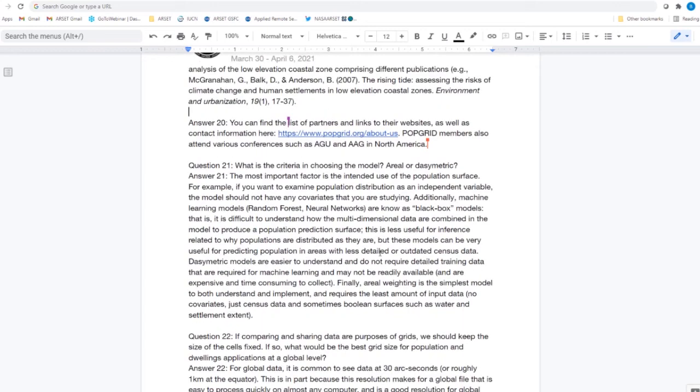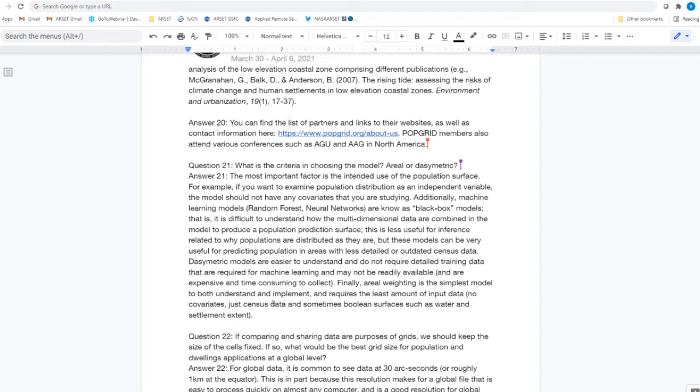Question 21, and this seems to really get into the details of the modeling. What is the criteria in choosing the models, the areal or dasymetric? Yeah, I had to go in and answer this, and I included machine learning as well as areal and dasymetric. The most important thing is how you intend to use the population surface.